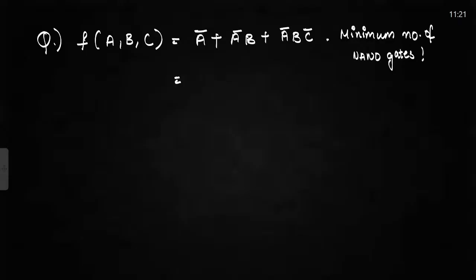Here I am having a bar as common, right? If I'm taking a bar common, that will be a bar of 1 plus b plus b c bar. We know 1 plus anything is equal to 1, so that will be a bar of 1, that will be equal to a bar.